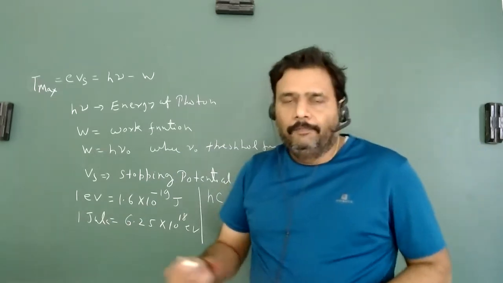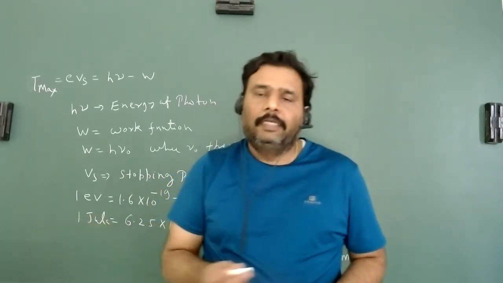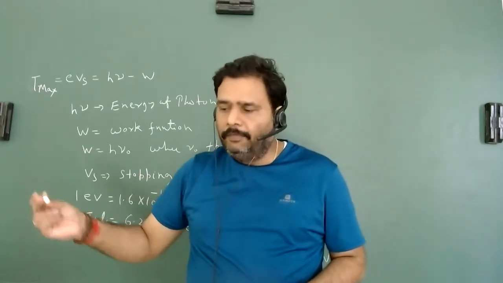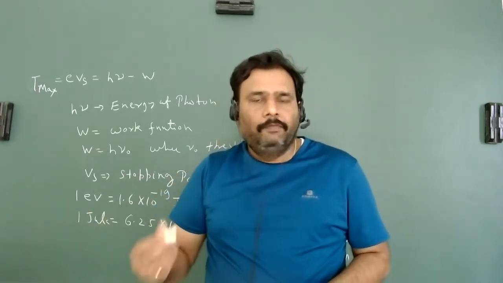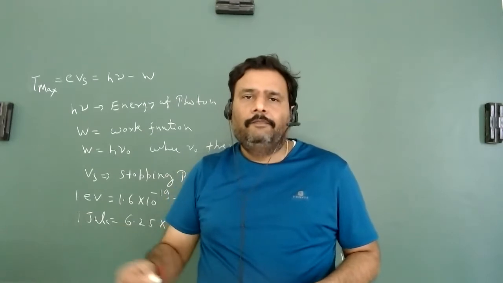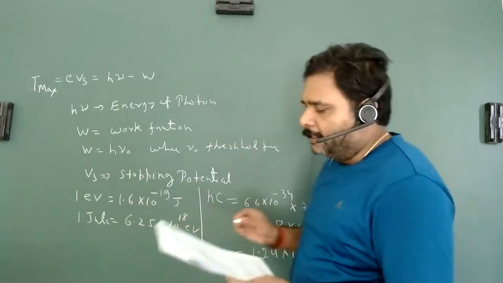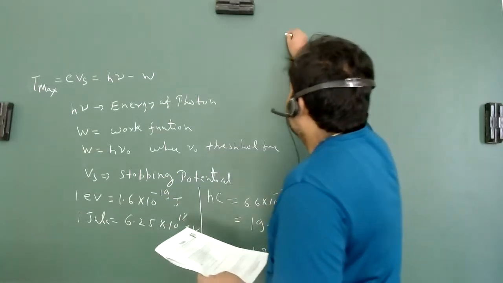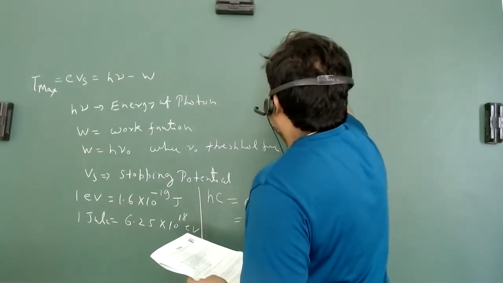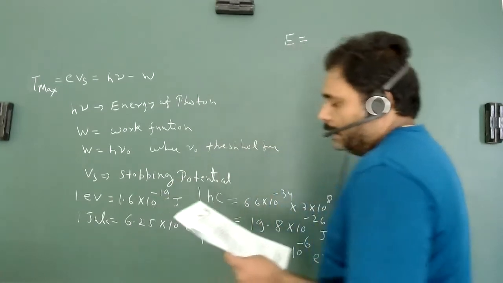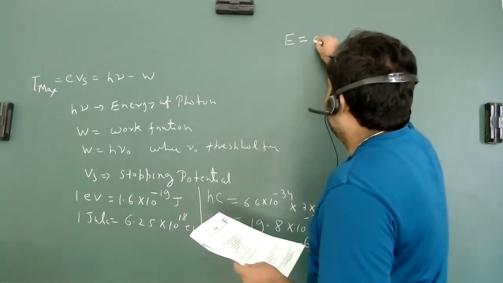Obviously we know that light is nothing but an electromagnetic wave, and the particular wave will be a superposition of different electric fields. So we have an electric field E, which is a little bit complex.